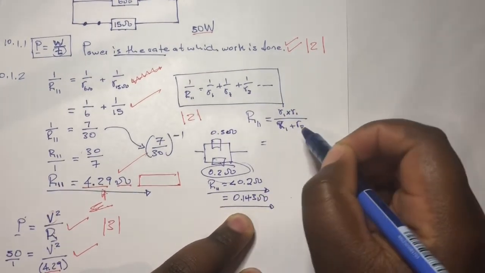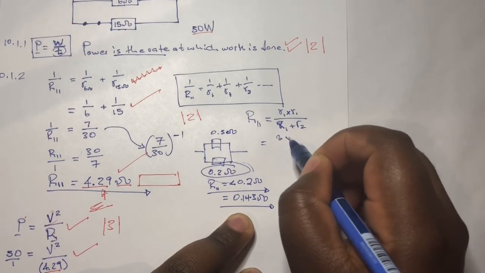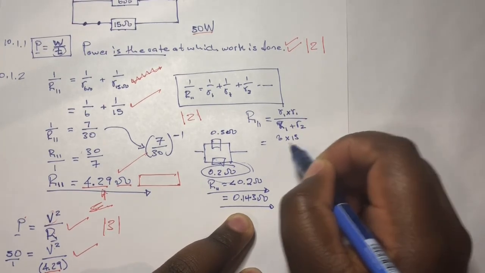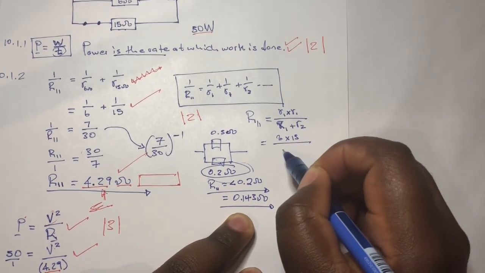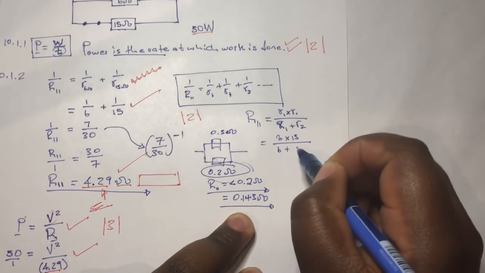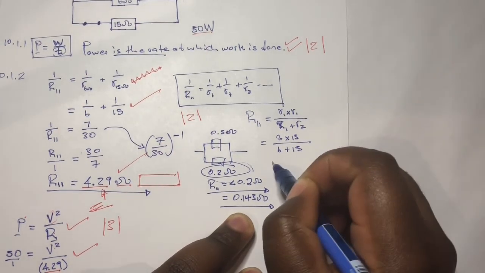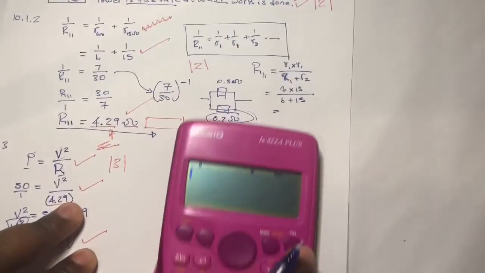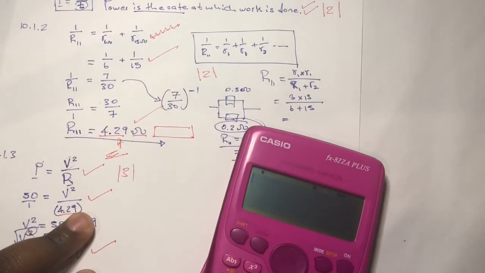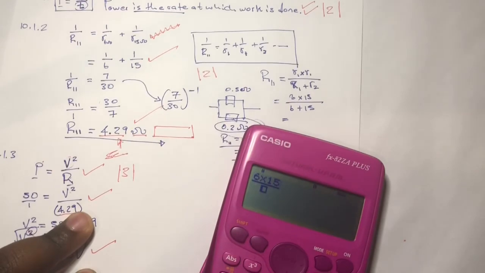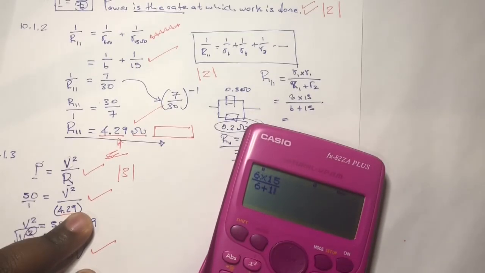If you substitute, our R1 was 6, R2 was 15, and then R1 at 6 plus R2 at 15. Let's just quickly see. It's 6 times 15 over 6 plus 15.